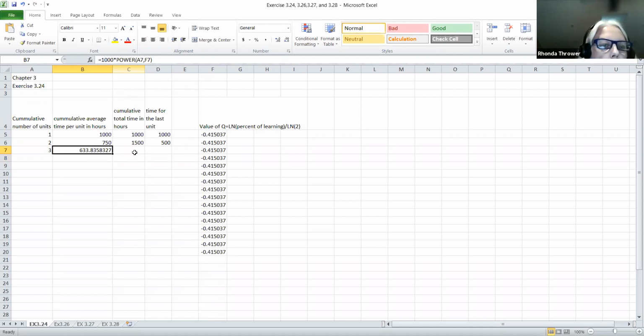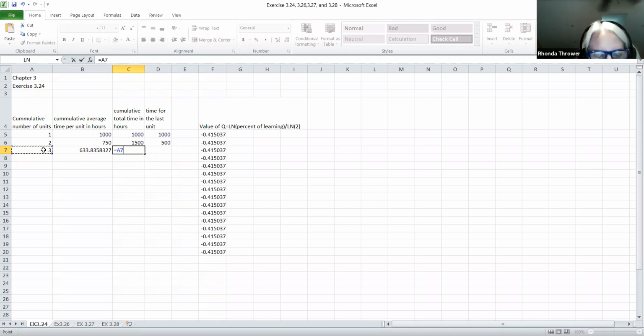All right, and then in the next formula, we're going to do just like we did before. We're going to take the cumulative number of units and multiply it by the cumulative average time per unit in hours. So I'm going to create a formula to do that. I'm going to click on my 3, A7.